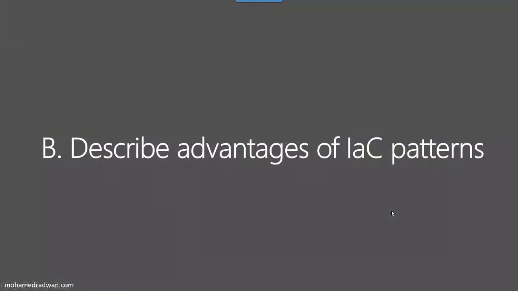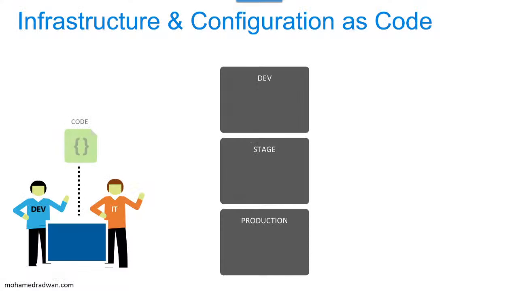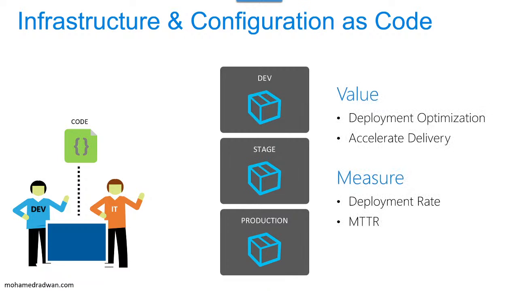Okay. So let's describe the advantages of the infrastructure as code pattern. If we're talking about dev and IT, imagine we have infrastructure as code that's responsible for our environment. It's very easy now to create or provision several environments, either dev or staging or production.